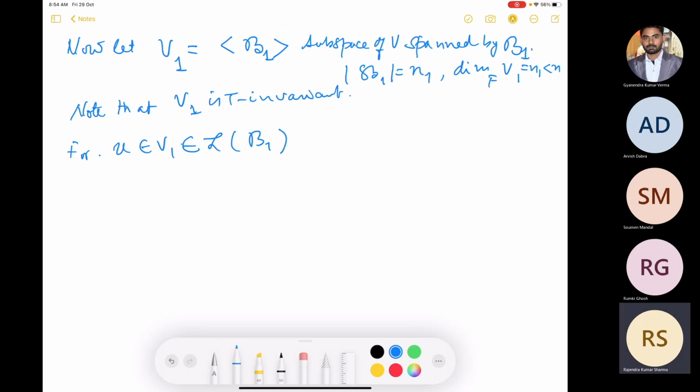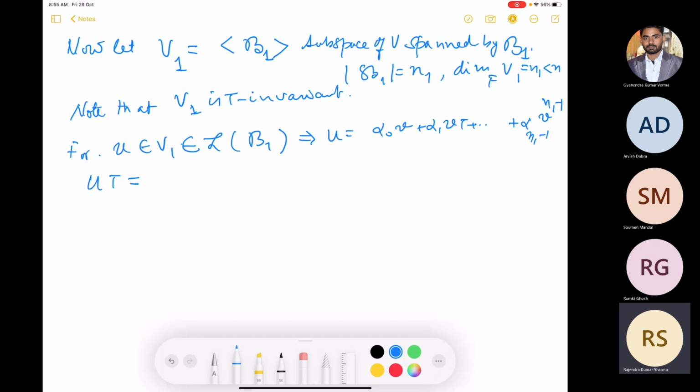So u is, say, alpha naught v plus alpha 1 vt up to alpha n1 minus 1 vt^(n1-1).